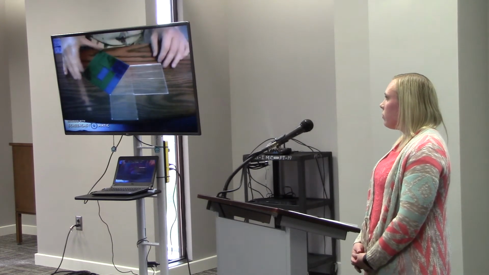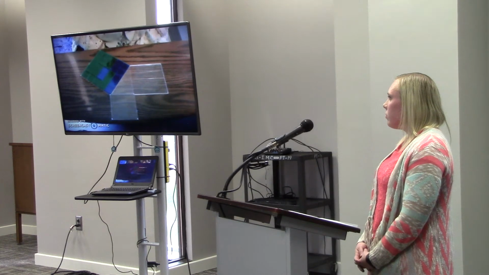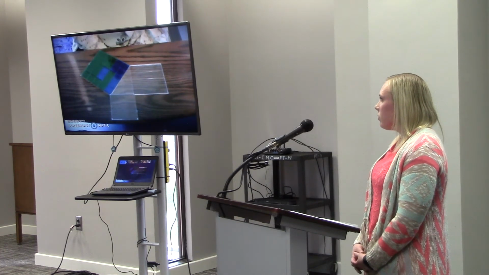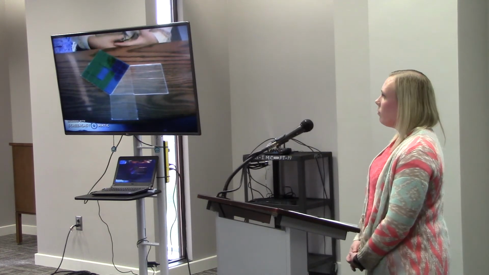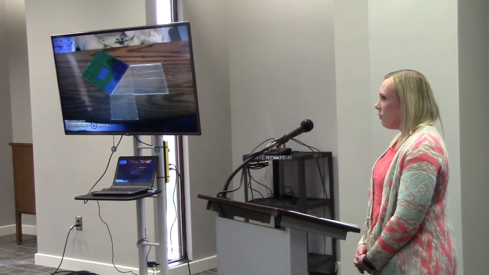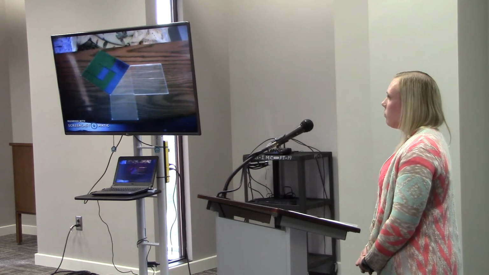And this gives the students with learning disabilities an opportunity to understand the concept using concrete materials that they can actually get their hands on and understand the concept using these concrete objects.